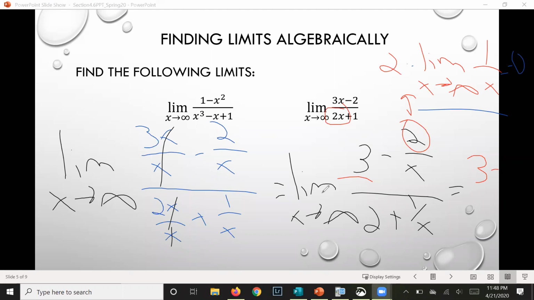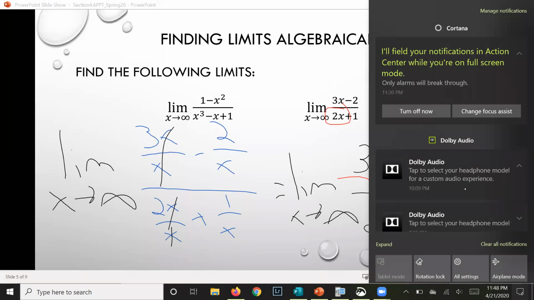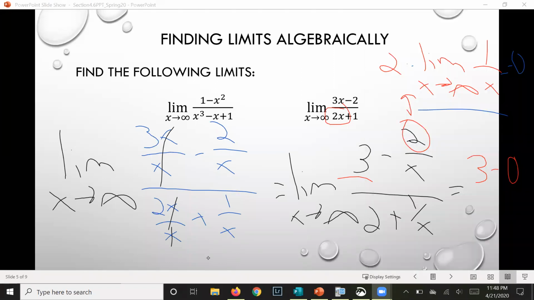So here we have 3 minus 0. Okay, over, we do the limit of just 2, that's going to be 2, plus the limit of 1 over x, which just gives us 0. And if we simplify that, we end up with our limit being just 3/2.